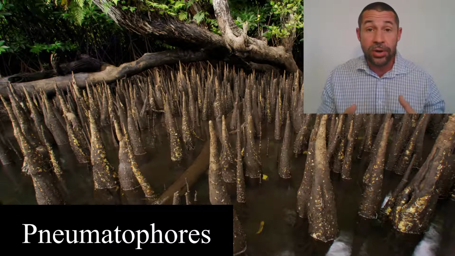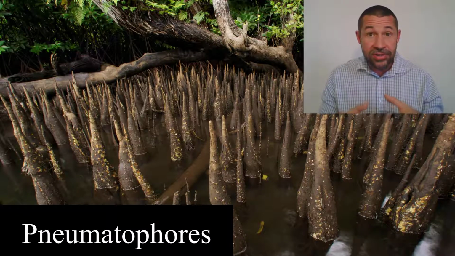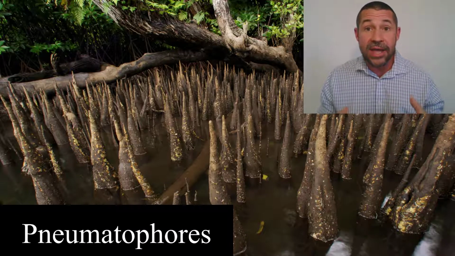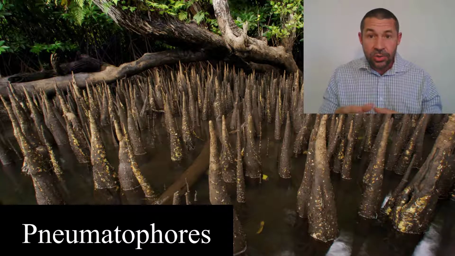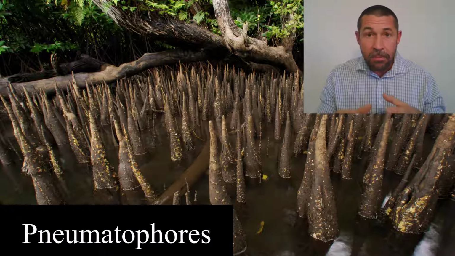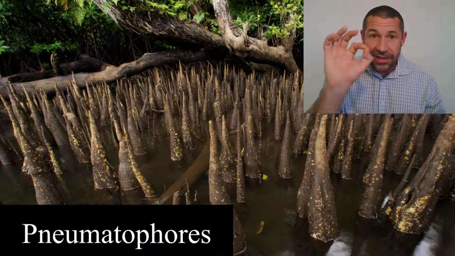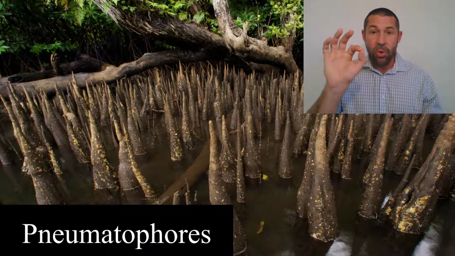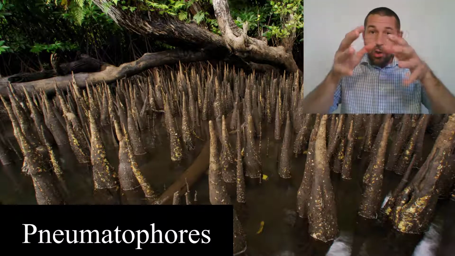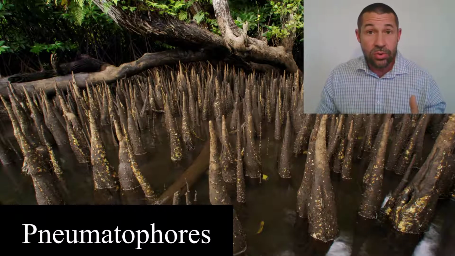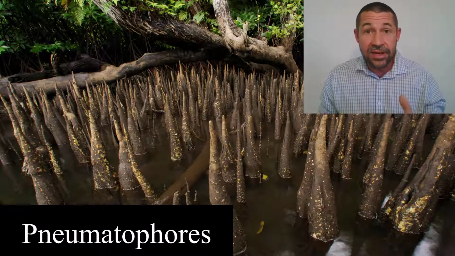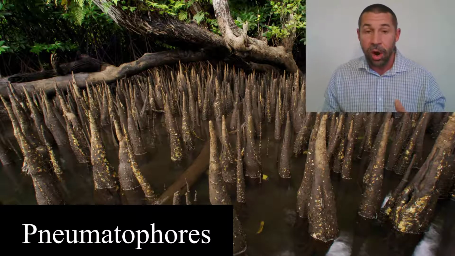They have to burn glucose in the presence of oxygen in order to acquire ATP for all of their physiological processes. So these pneumatophores, these modified roots, are lined with microscopic pores that are going to allow oxygen in and then funnel oxygen down to the mangrove roots living in the anaerobic water.